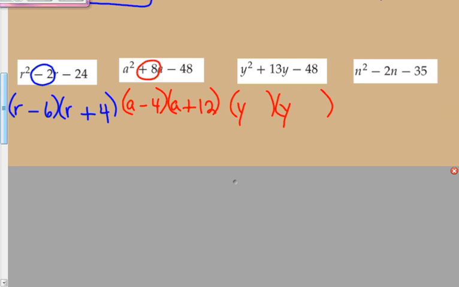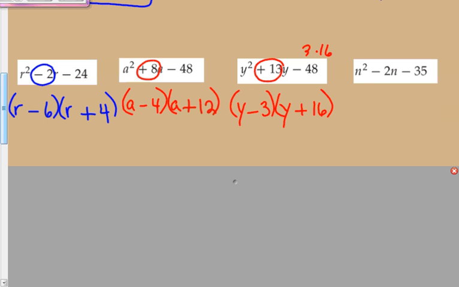Let's try, what's 2? 2 and 24, that won't work either. 3 and 16, I'm sorry. 3 times 16 is 48, and then if you subtract them, you get 13. So we know we've got a 3 and a 16, and once we subtract, it'll stay positive, so our biggest number is positive again.